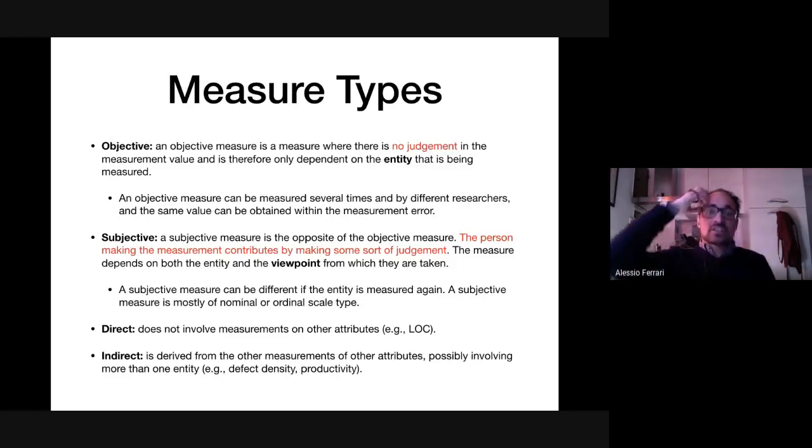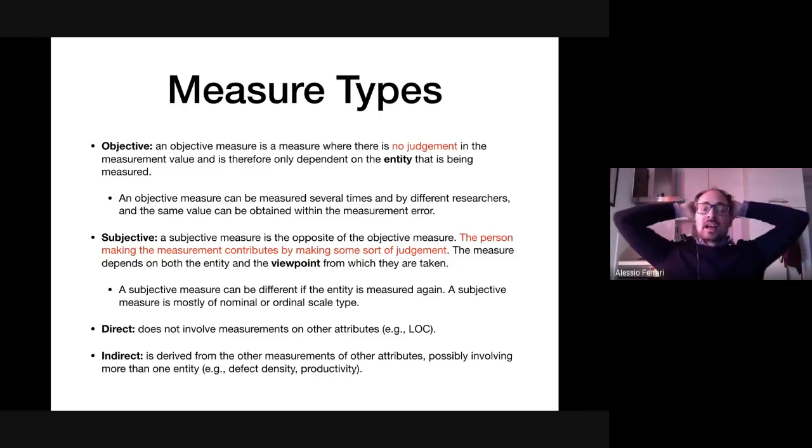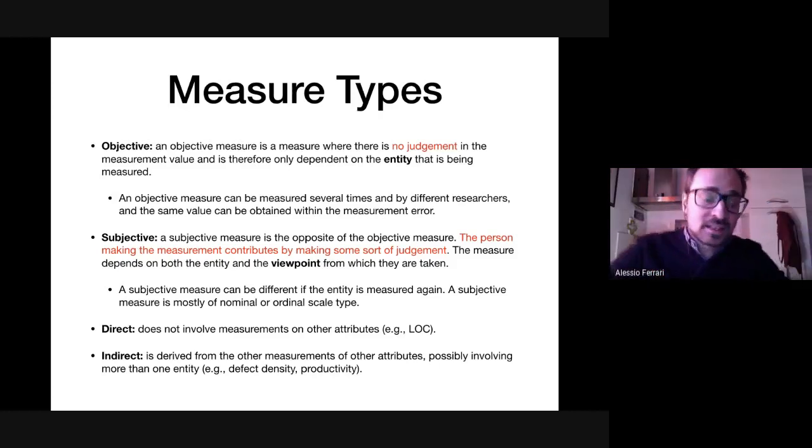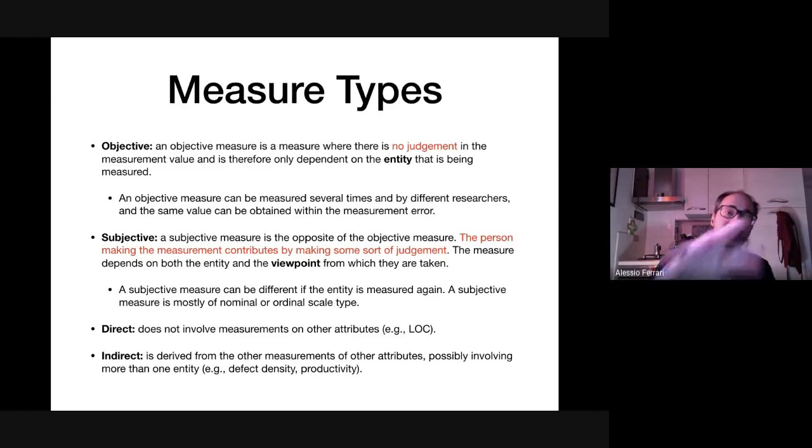Other characteristics of the measures: I already introduced some and gave a hint before about objective and subjective measures. Here you see a more precise description. An objective measure is basically a measure that does not require a judgment by an external subject, and the value is only dependent on the entity that is being measured.